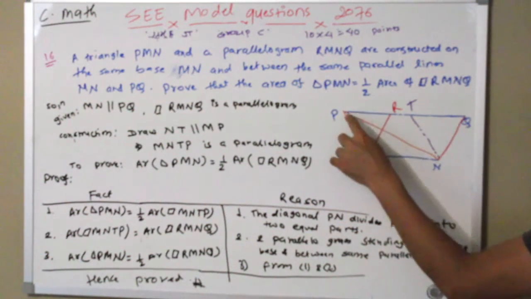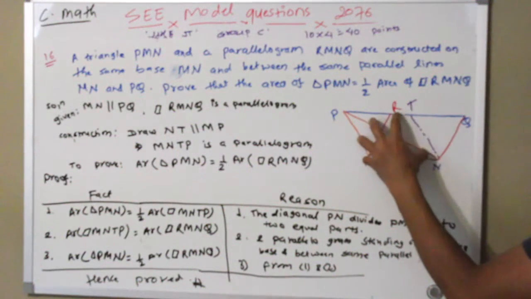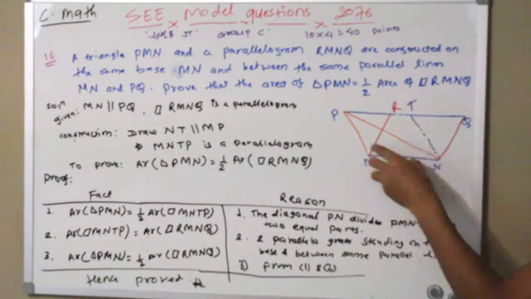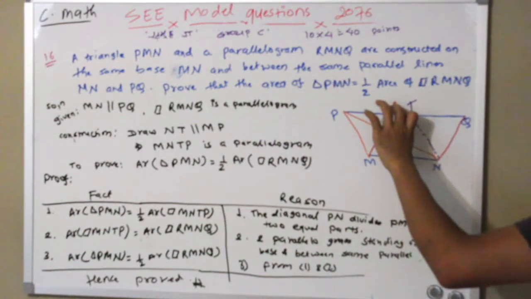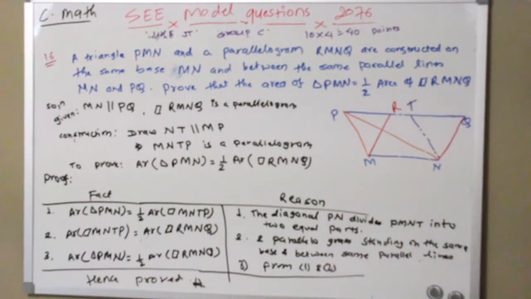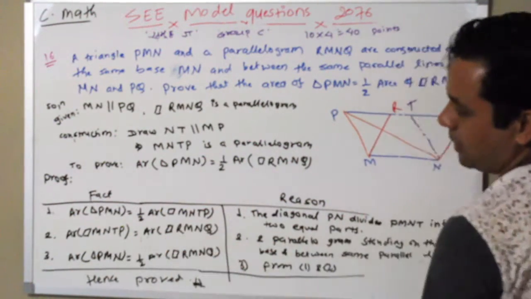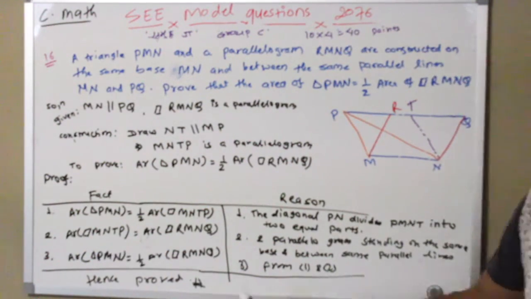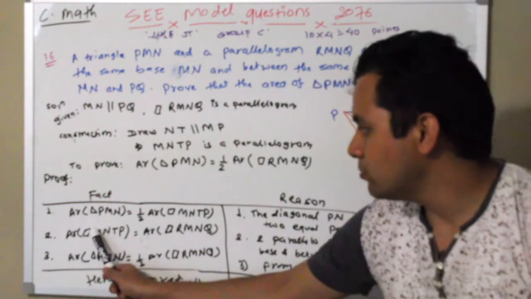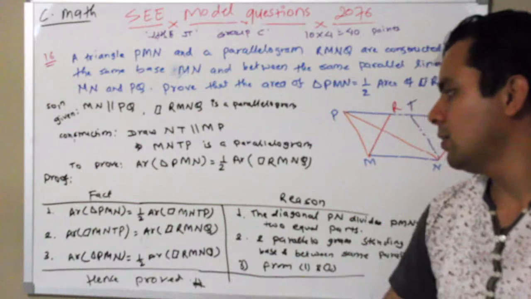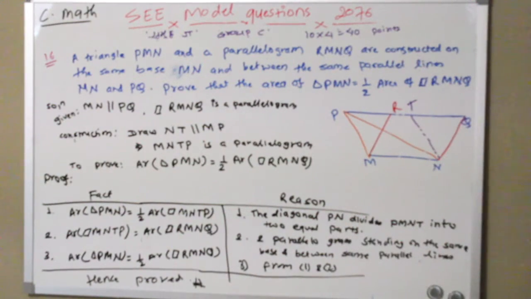Now we have another parallelogram standing on the same base, lying between the two parallel lines. Their areas must be equal. So two parallelograms have equal area. By substituting the value from 2 back into 1, I got the exact thing that I need. Hence proved. That's it. Thank you.